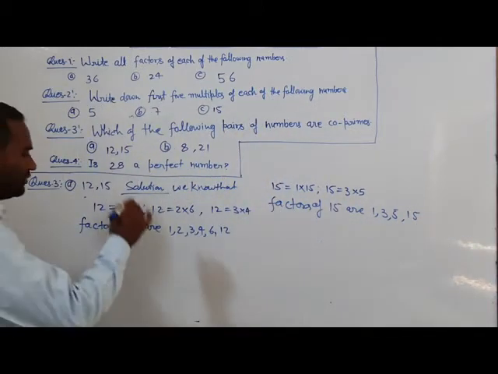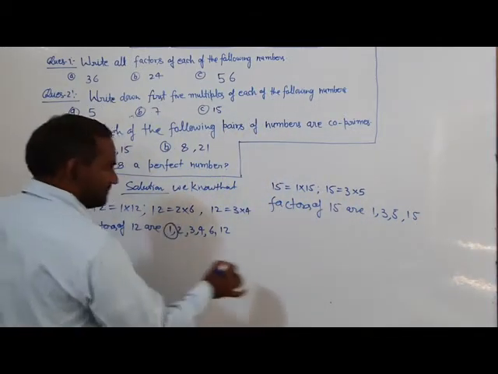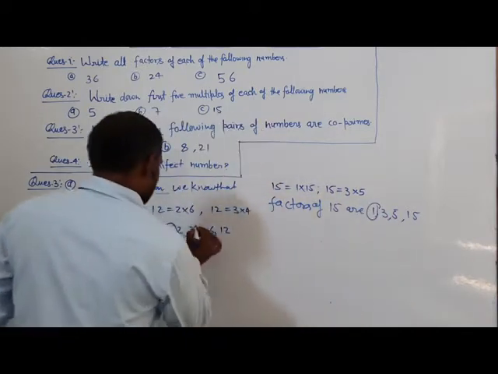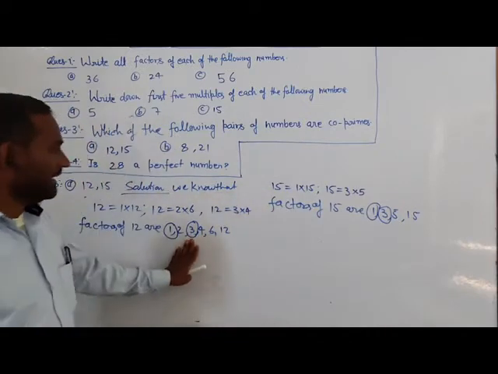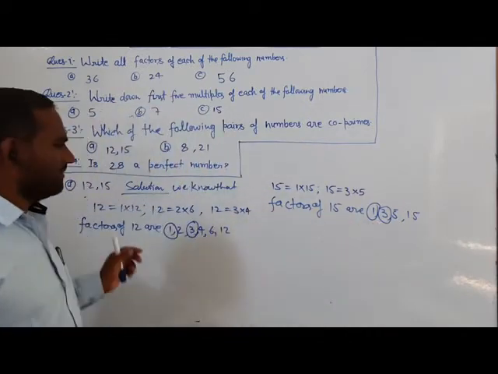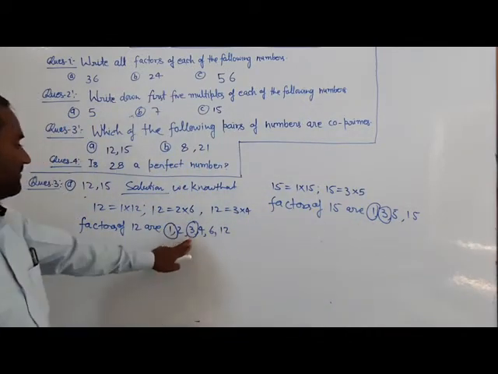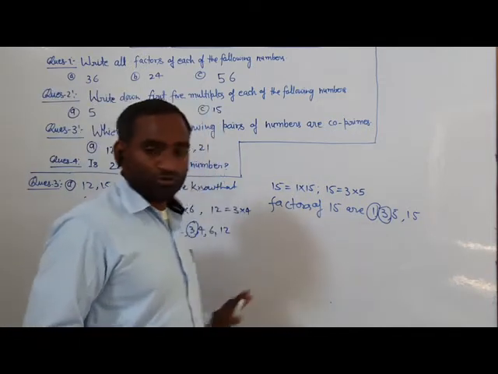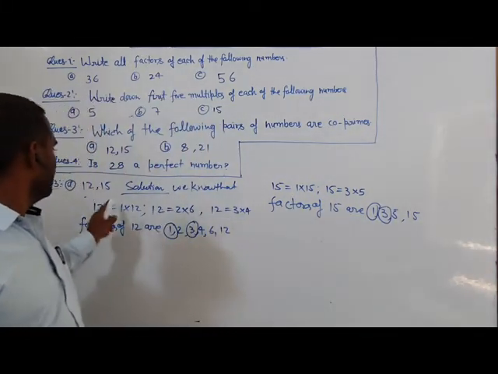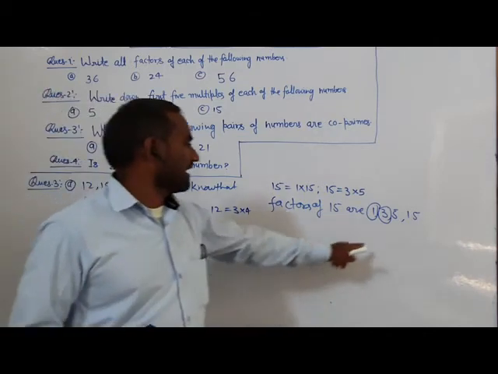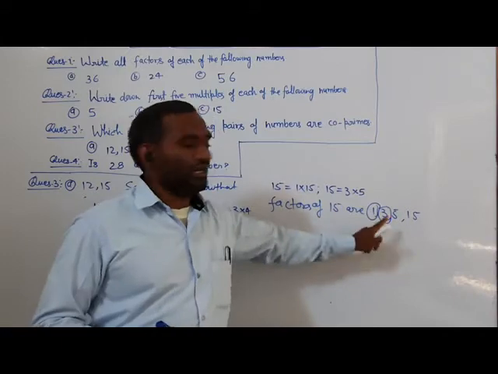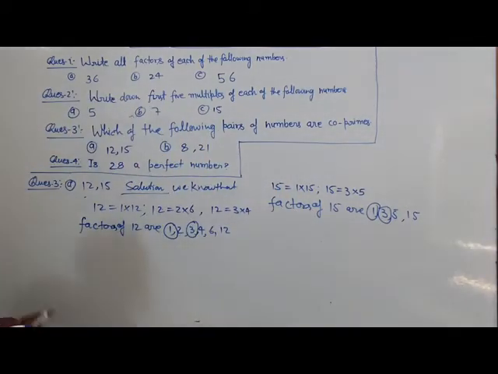In both, 1 is common in every factor list, but here we see that 3 is in both. 3 is a factor of 12 as well as a factor of 15. So, which of the following are co-prime?